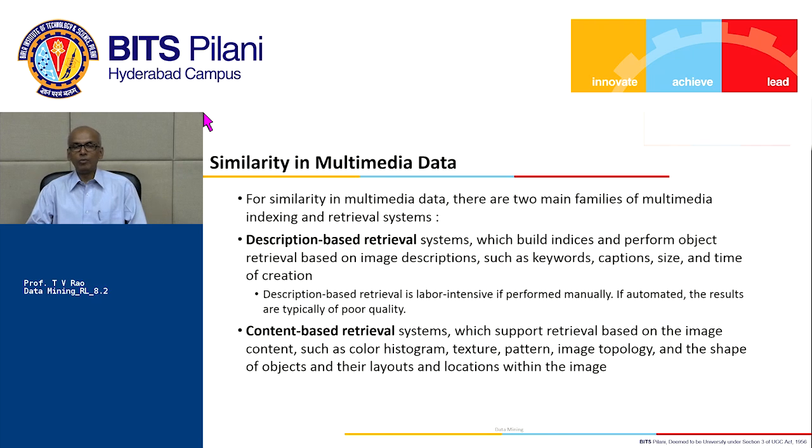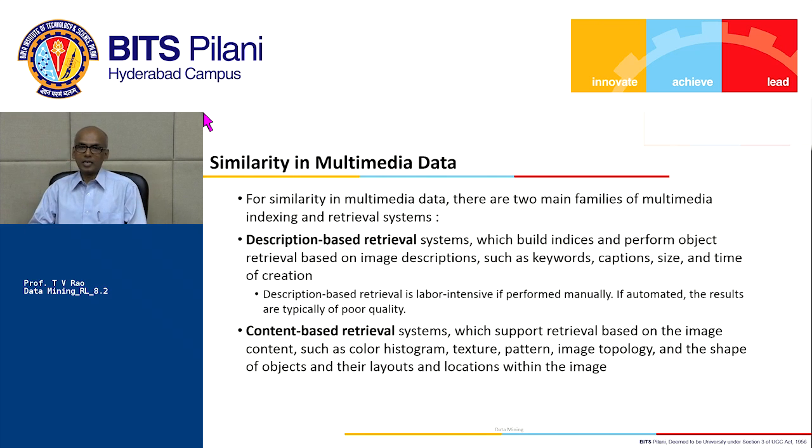Here, for each of these items or objects, we assign some keywords such as caption, size, time of creation, place of creation, or the author. So that can be one approach whereby we differentiate the objects using the description.